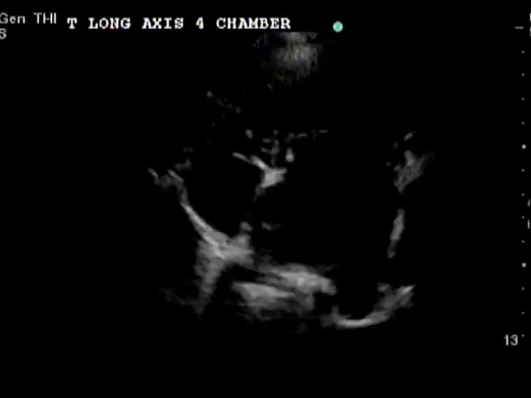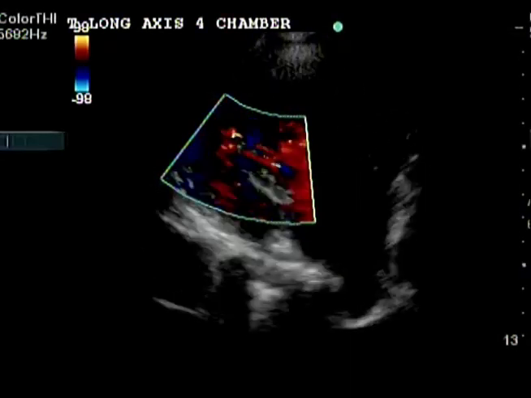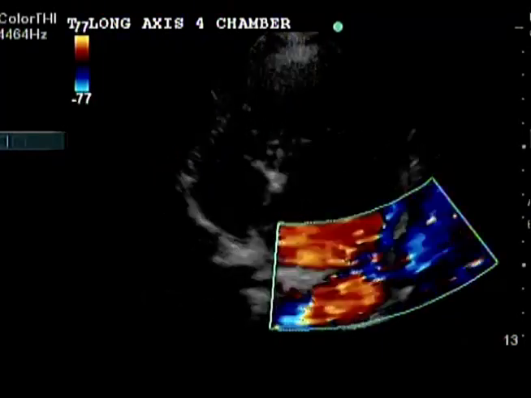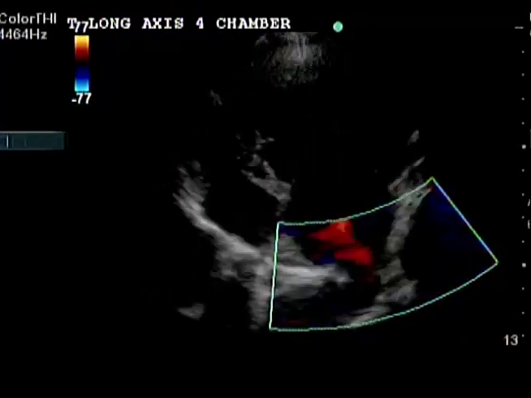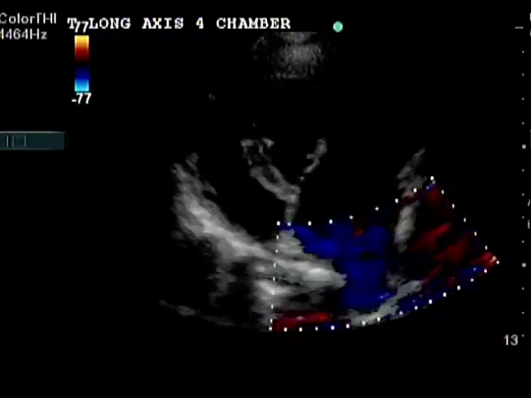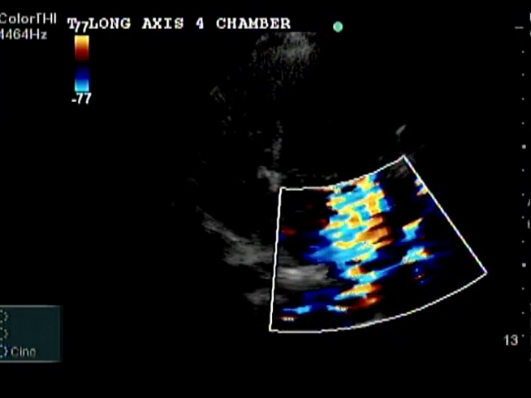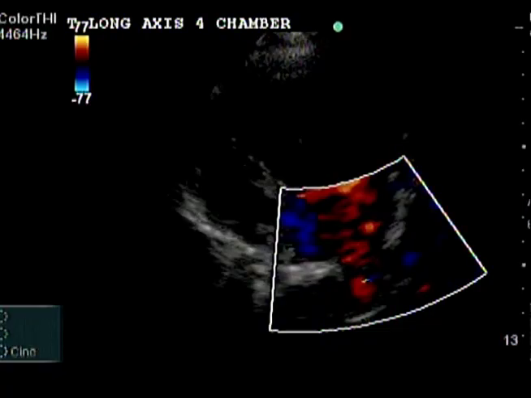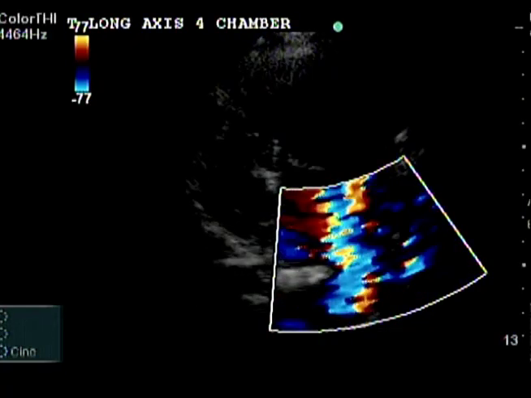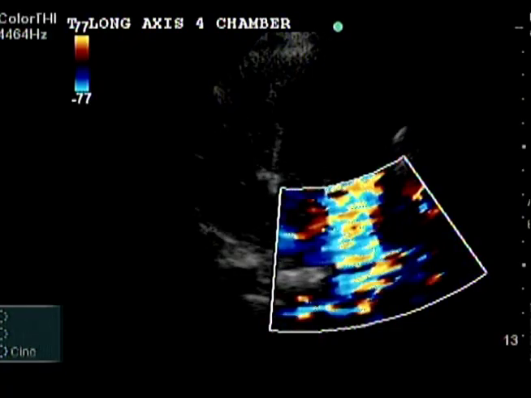As mitral insufficiency progresses, these pulmonary veins dilate and become prominent. In severe mitral insufficiency, color flow turbulence extends into the pulmonary veins and indicates reverse flow of blood from the left atrium back into the lungs.